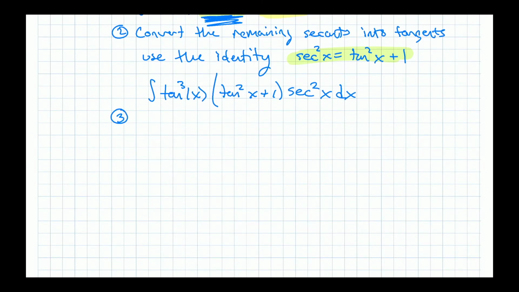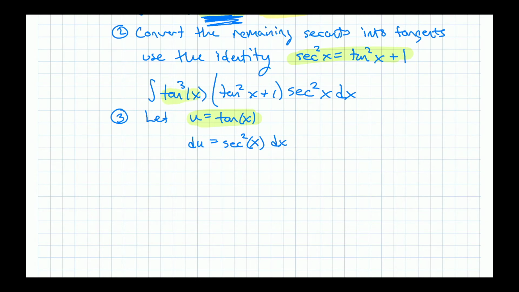From there, what you need to do is your substitution. So now you do your substitution. We're going to let u equal tangent x. Du is going to be secant squared x dx. So we have u equals tangent x.